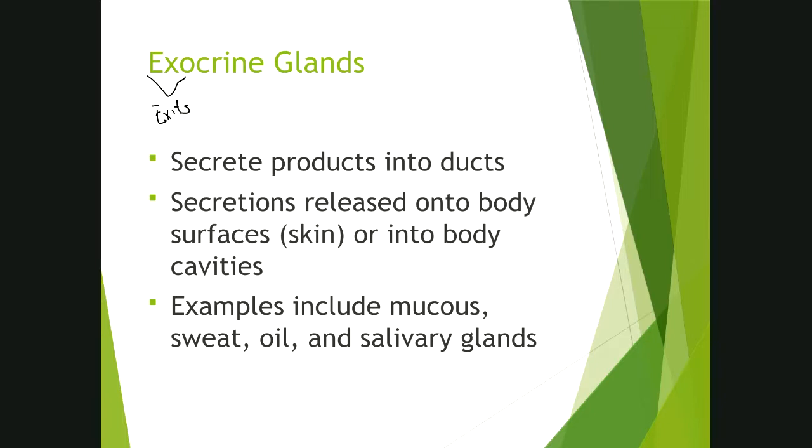Crine means to secrete, and exo means exit, to the outside. So these secrete to the outside. And they do it through these little pipes, these little ducts, and it goes on to some sort of body surface. It could go to the skin, but it can also go into like your mouth or into the stomach or into the vagina or places like that.